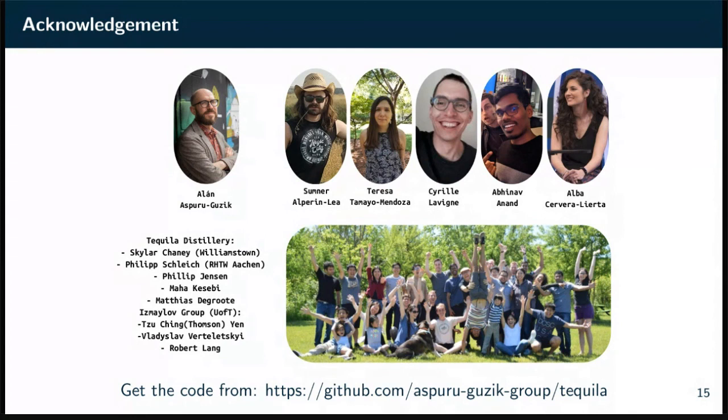They did, for example, the optimized measurement scheme, which I briefly mentioned in the beginning, which is available in Tequila already. It's currently not on the public version, but it will be there in the next weeks. With that, I come to an end, and I'm happy to answer any more questions if you have some.